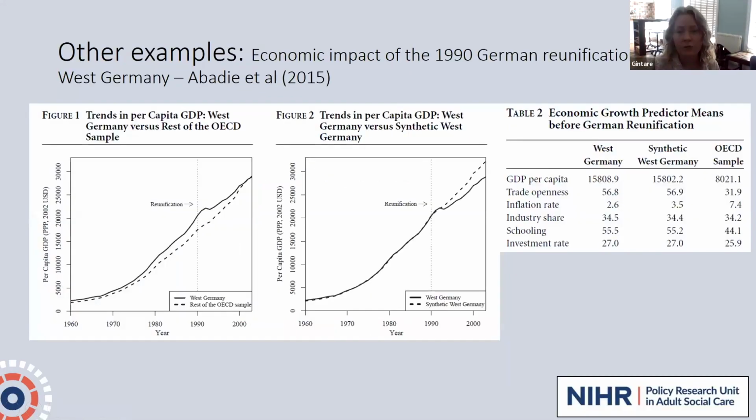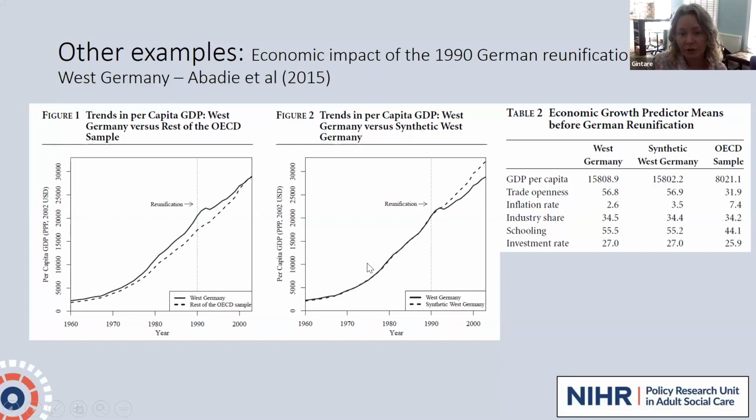Another example also suggested by the same authors is the economic impact of the 1990s German reunification on West Germany. On the left-hand side graph, you can see that the rest of the OECD countries don't really resemble West Germany exactly. They're quite different.